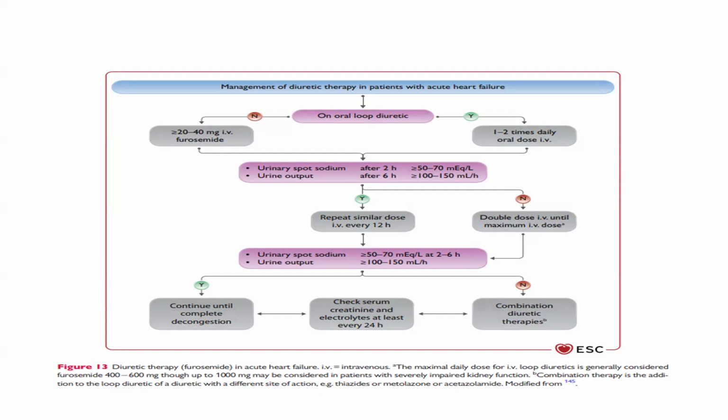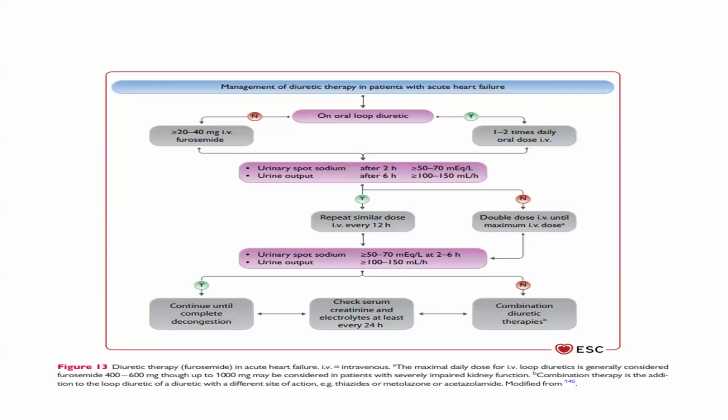Then to assess the response of the diuresis, we can measure two things. One is urine output and the other is urinary spot sodium. Urine output is comparatively easy to measure because normally in ICU patients are catheterized.